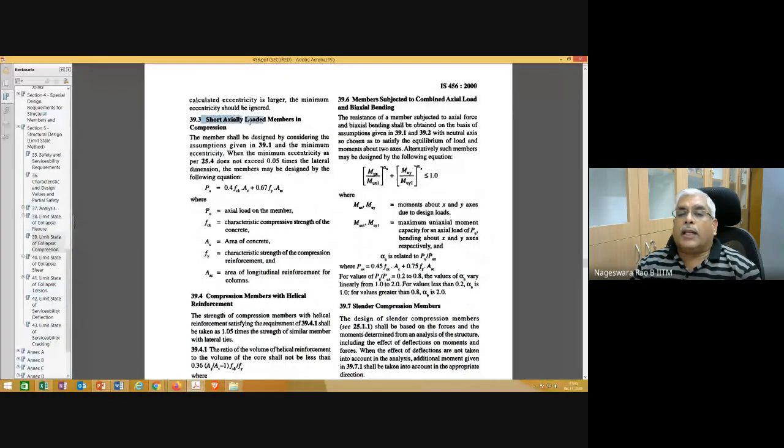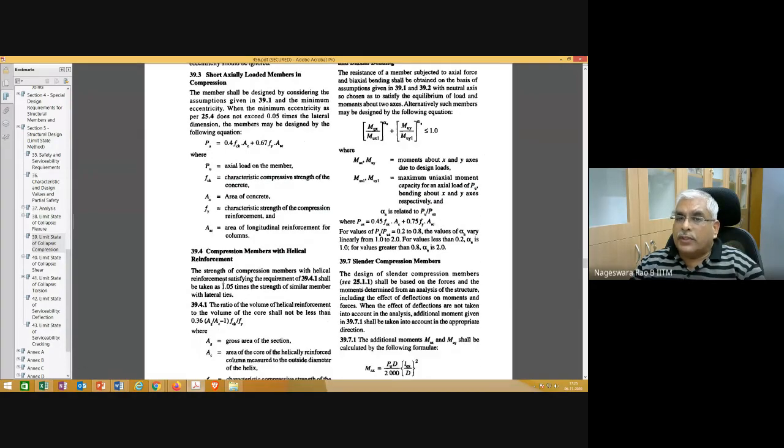Short axially loaded columns in compression. We know when the columns are short and when the columns are slender. This particular section gives details about short axially loaded members in compression.